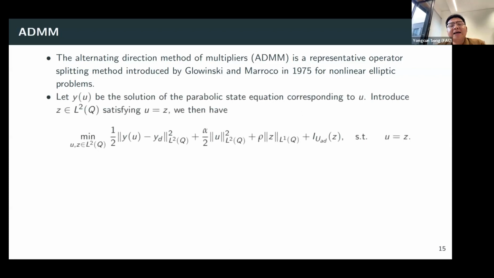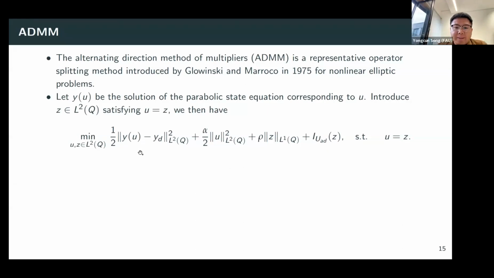To apply ADMM, we first introduce an auxiliary function z such that u equals z. Then we can write the parabolic sparse optimal control problem in this form. This is an optimization problem with a separable structure. Here y_u is the solution of the parabolic state equation corresponding to u.